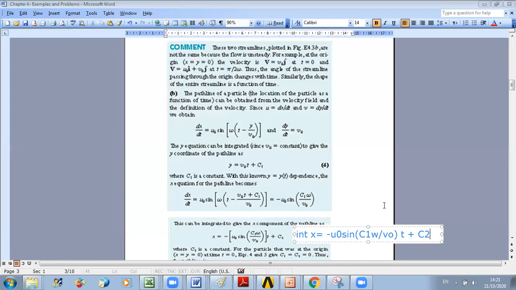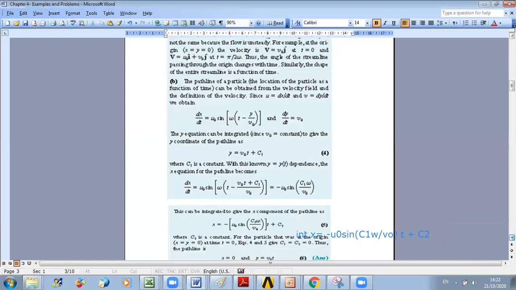But here, because they already gave you at time t equals 0, x equals 0, y equals 0, you can also, if you want, replace t by 0 into the two equations, and you can get from x equals 0 and y equals 0 what c1 and c2 are. So first, let us find the general path line, and after we will replace.